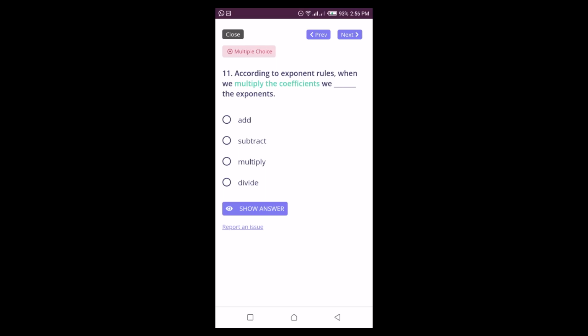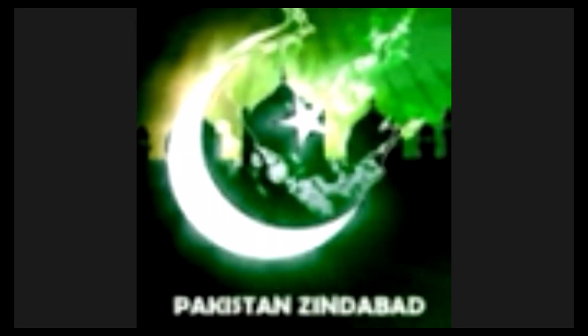Coefficients are what? 2 raised to the power 5, now see the multiply sign, and 2 raised to the power 3. So definitely it's a product rule. Product rule means we add. So the answer is we're gonna add the exponents. Very good. Excellent.